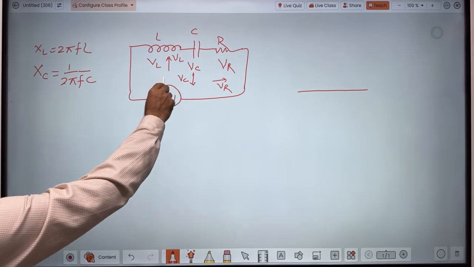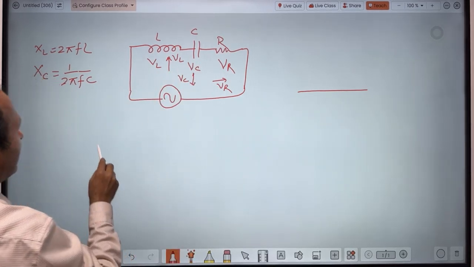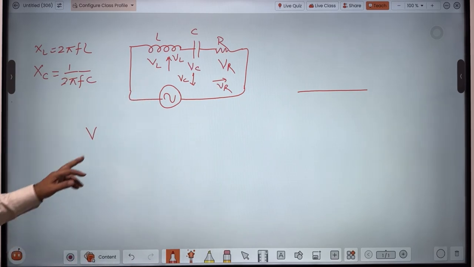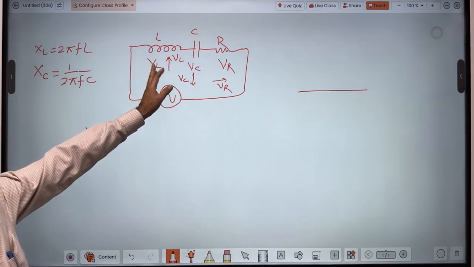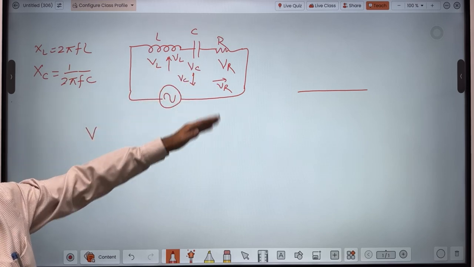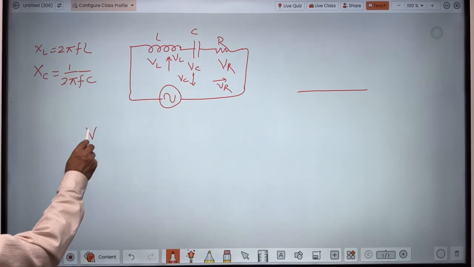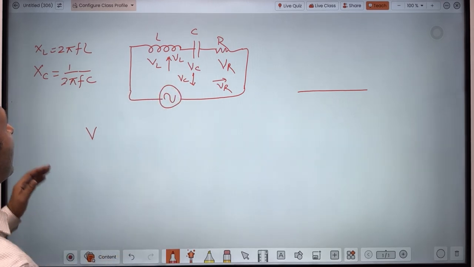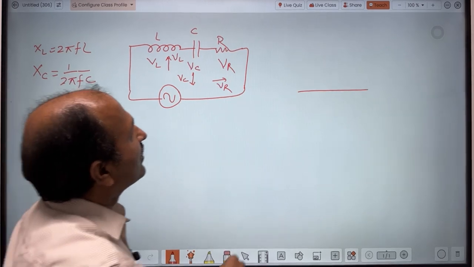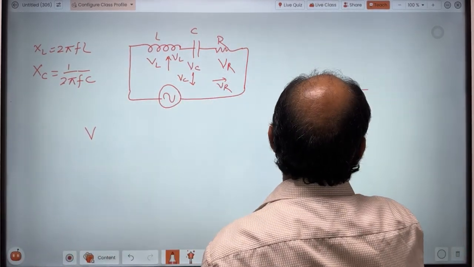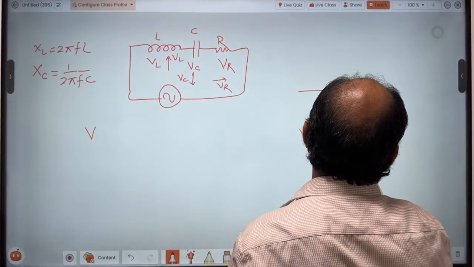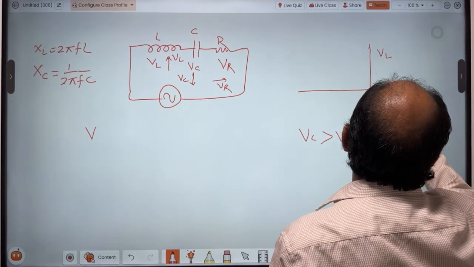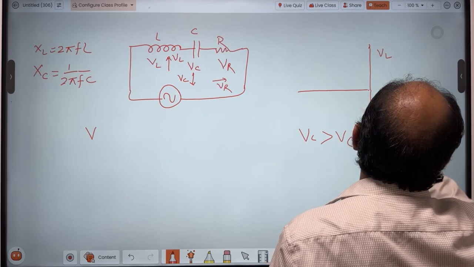So here, if we find total voltage, it will be equal to voltage across inductor plus voltage across capacitor plus voltage across resistor. So applied voltage will be algebraic sum of all voltage, but actual voltage will be net effect. Suppose if VL is greater than VC, as I told you, this is direction of VL, this is direction of VC, right?